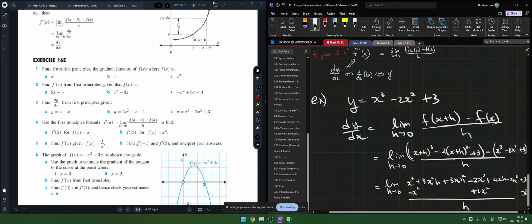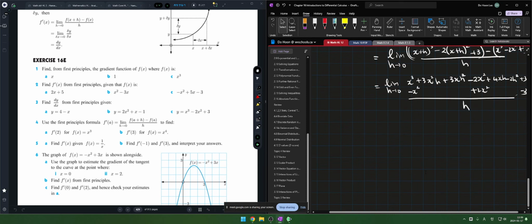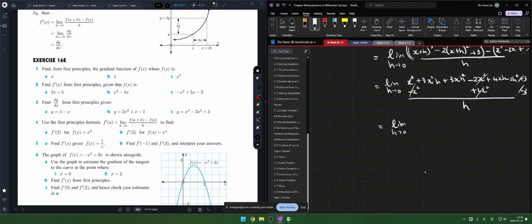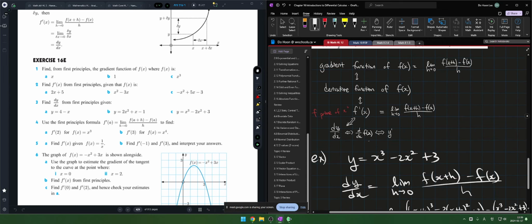A bit complicated, but we're ready to cross out some stuff. So this goes to there. Ultimately, the terms on the numerator always have some kind of h in there, which is nice. So then we can cross out h everywhere, right?